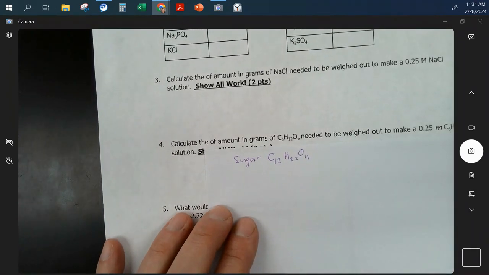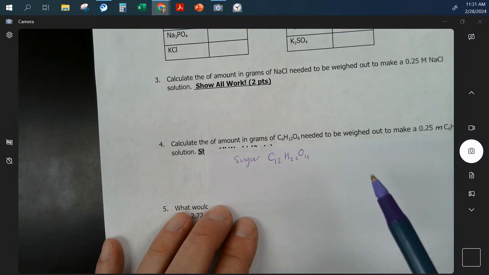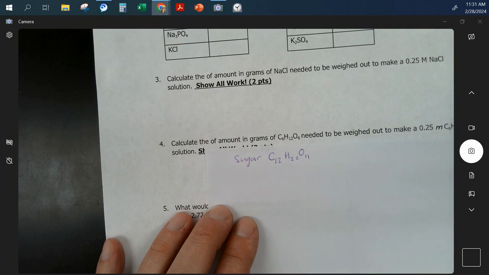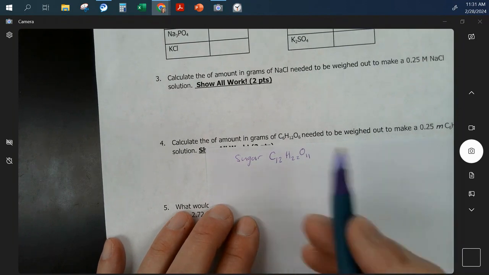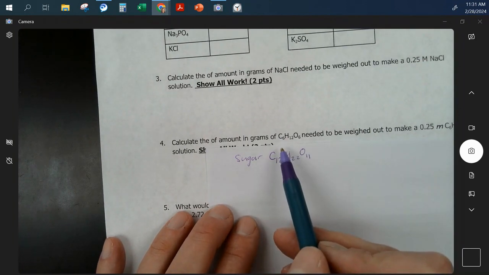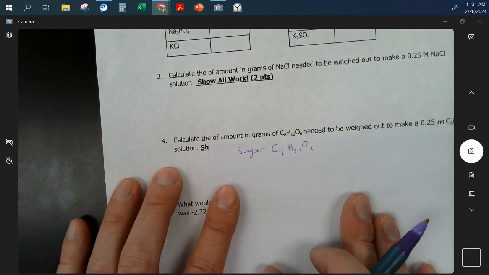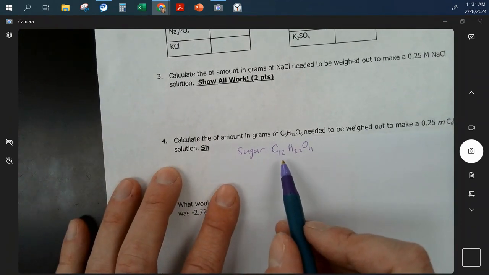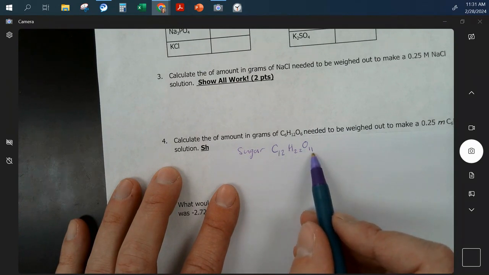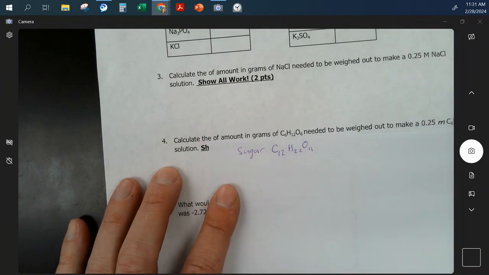Because that's what ingredient we have. The whole lab said sugar, so I thought it meant sugar, but apparently the equation they're using is glucose. So next year I will buy glucose if that's what they want. But for this year, we're going to use table sugar, which has a chemical equation of something like this.